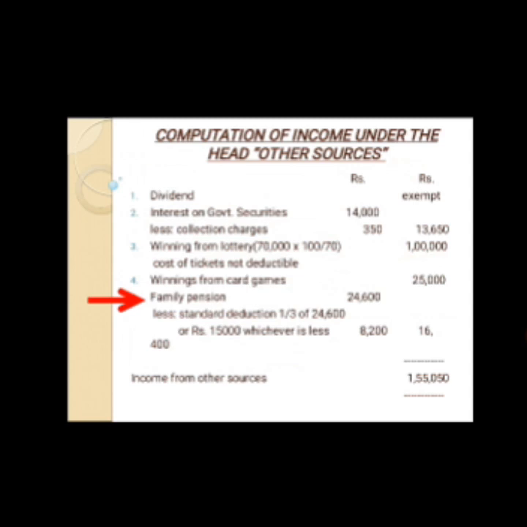By comparing 8,200 with 15,000, 8,200 is lesser and it is deducted from 24,600. Value taken as 16,400 for calculation. By totaling the outer column, we get 1,55,050 rupees as income from other sources.